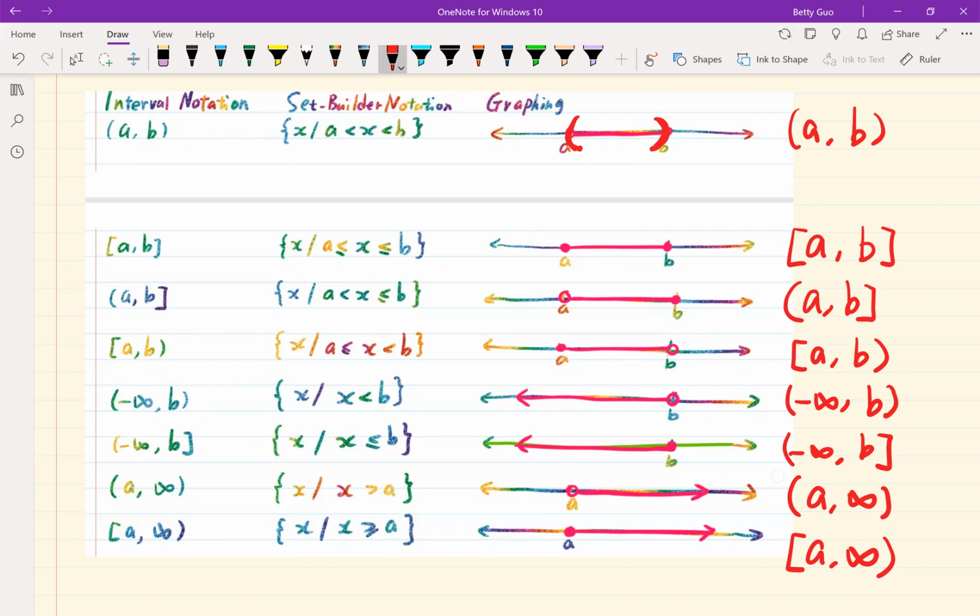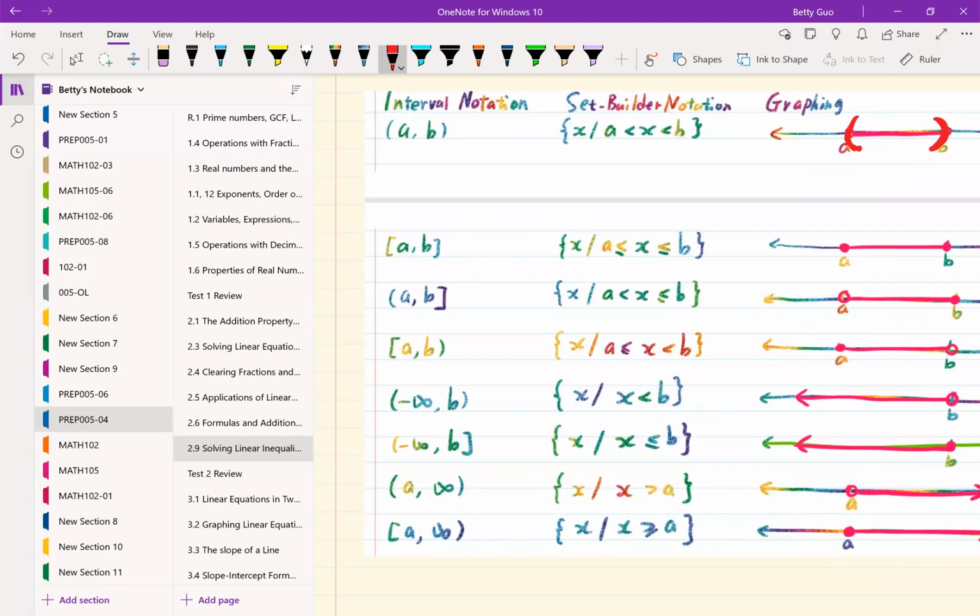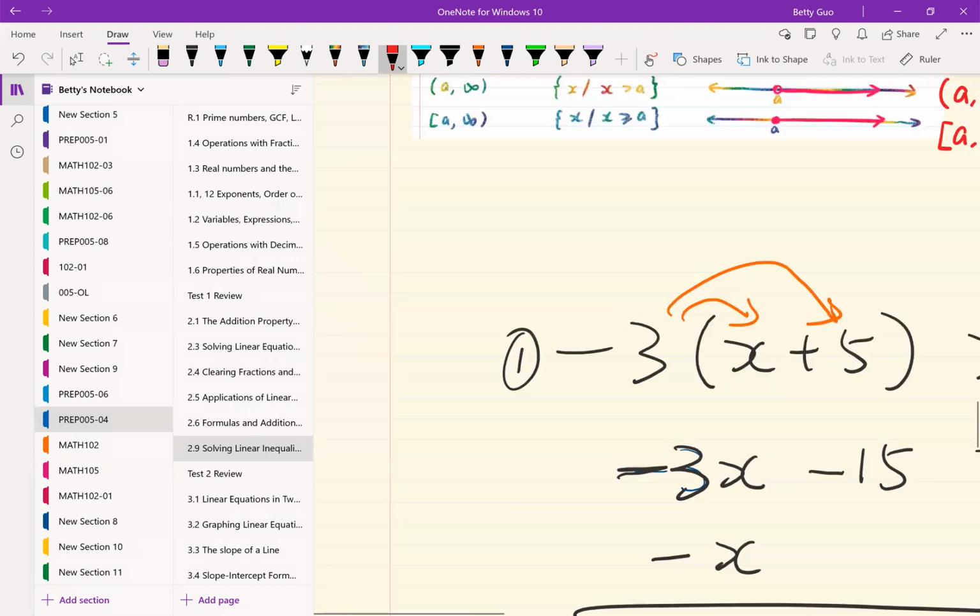Okay, let's see what else in this section. Solving linear inequality. So I'd like you to practice more inequalities here.